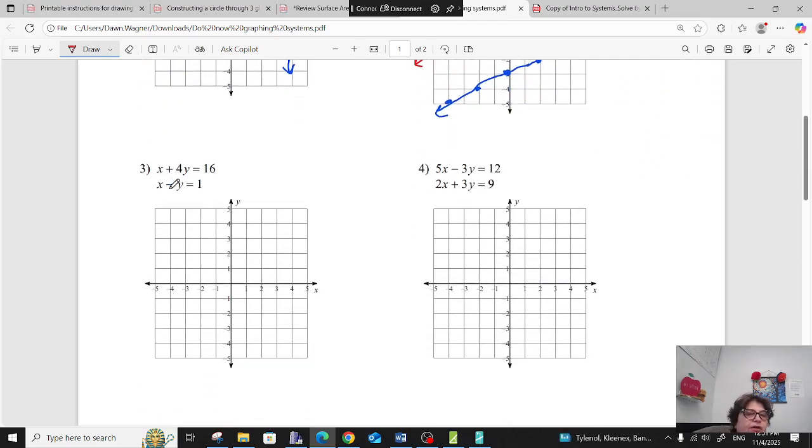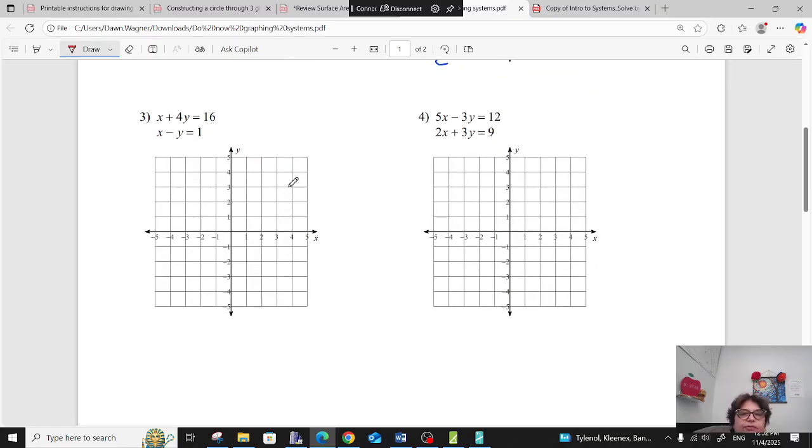Okay, so for number 3, I'm going to do number 3, and then if someone wants to volunteer to do this one. For these, you have to solve for y first because this is in standard form. There's always 2 steps for solving for y. Remember, you are going to add or subtract the x value.